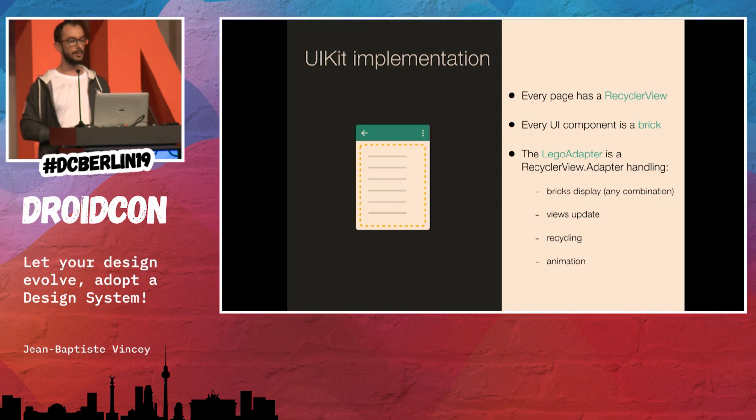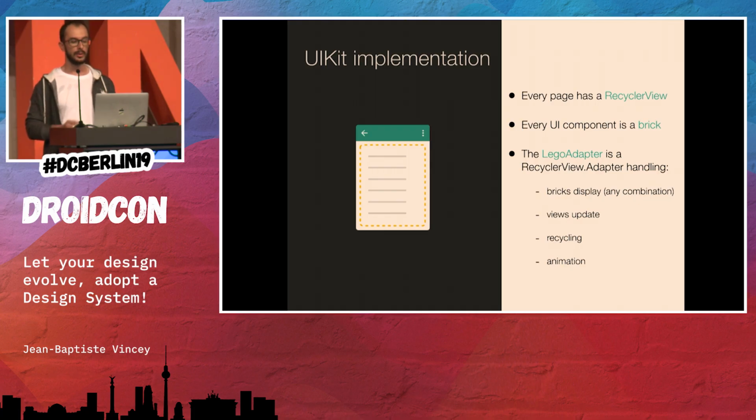Then we come to the UIKit implementation itself. This is the implementation we chose at Deezer. It is based on a recycler view. Basically, almost every page in the Deezer app is based on a recycler view, and every UI component, more or less, is a brick, as we said earlier with the Lego metaphor.